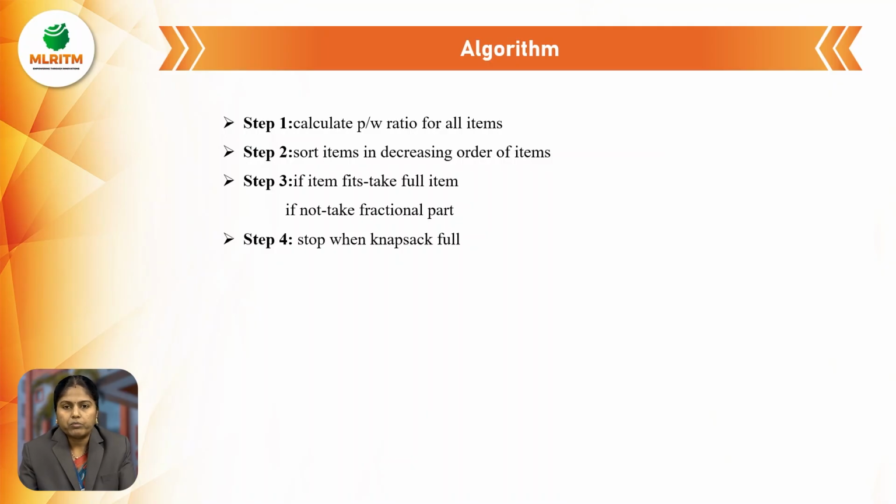There will be objects, profits, and weights. For each and every item, we calculate the profit by weight ratio. Next, we sort the items in decreasing order. Next, if the item fits, take the full item. If not, take a fractional item.